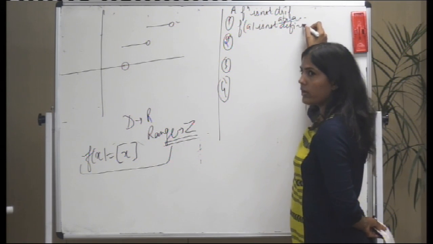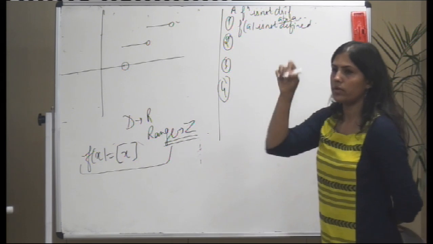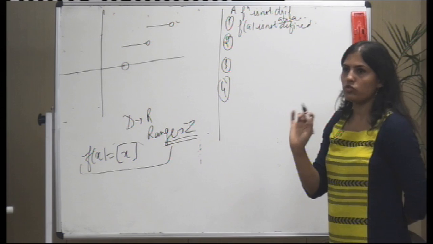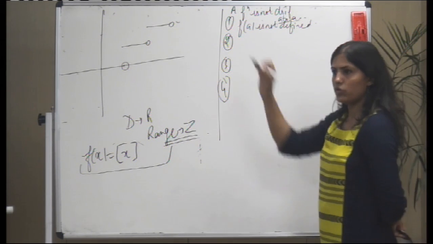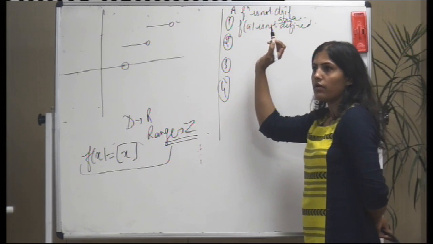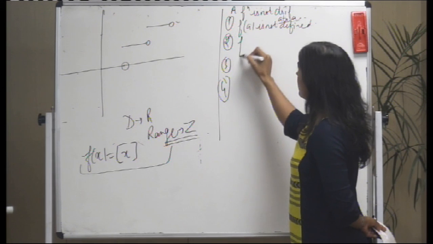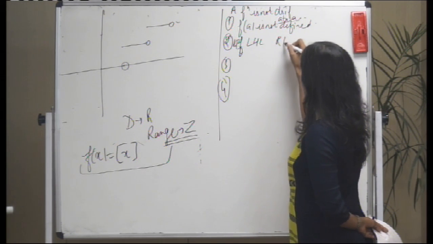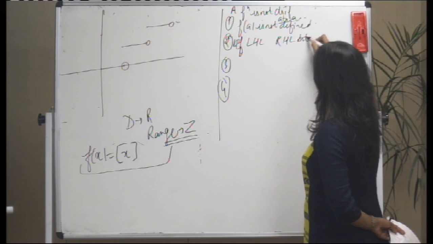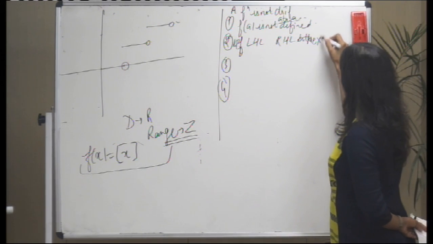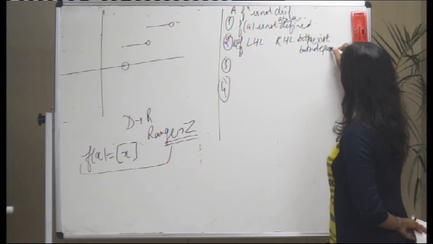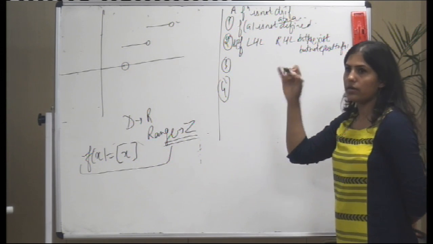If the function value at that point does not exist, then there is no need to check continuity; you say directly that the function is not continuous. Second, LHL and RHL both exist but are not equal to f(a), then also it is discontinuous.